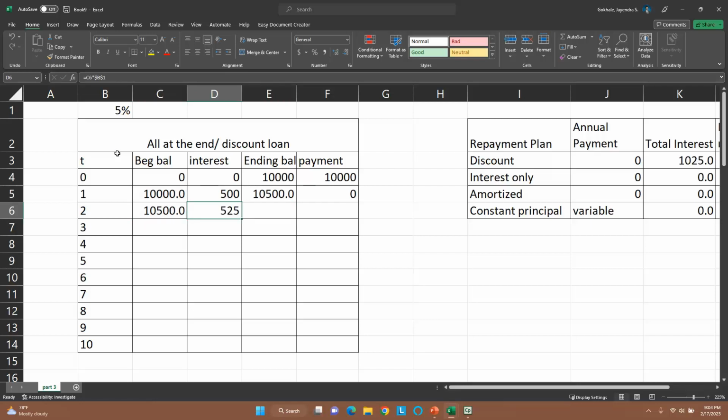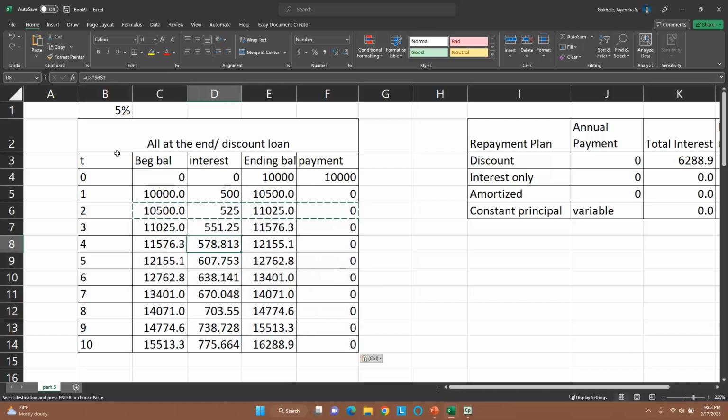Now I'm just doing Control D, Control D, Control D, and Control D. And so you can see the interest is now growing because the initial beginning balance is growing. All we need to do is Control C, copy, and paste it. Now what's happening here is the interest is ballooning up, and into 6,288.9. So what we need to do is pay it all off in the end.